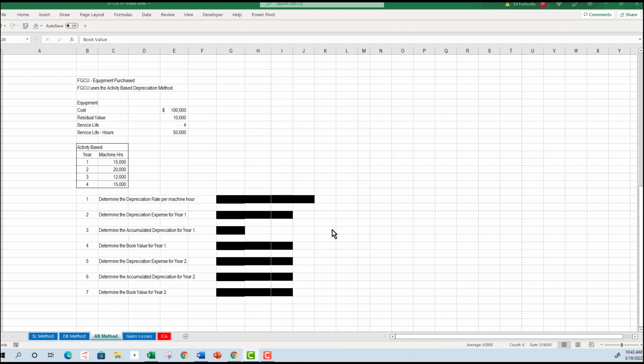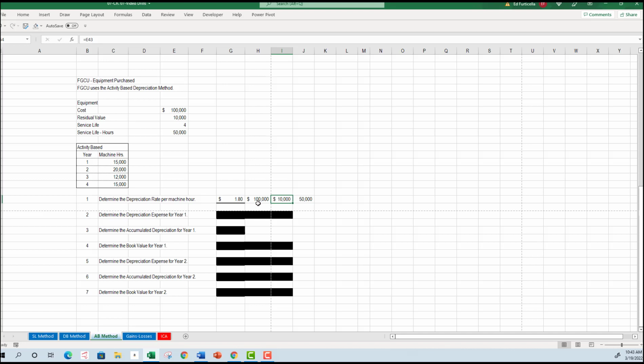For the depreciation activity rate, you should have got $1.80. The depreciation activity rate is determined by taking the cost minus the residual value divided by the life. In this problem, we had $100,000 cost minus $10,000 residual value equals the $90,000 depreciable cost.